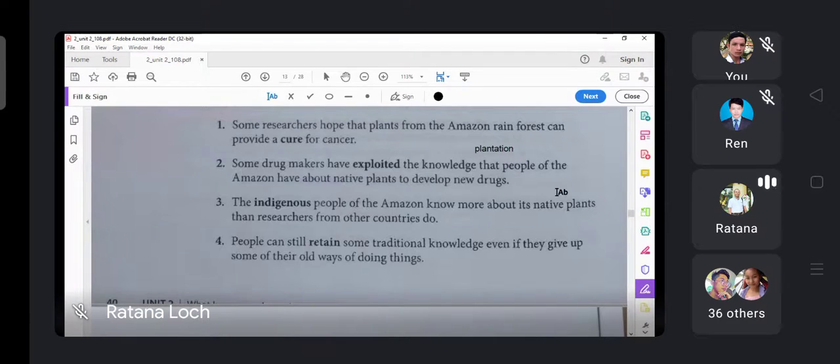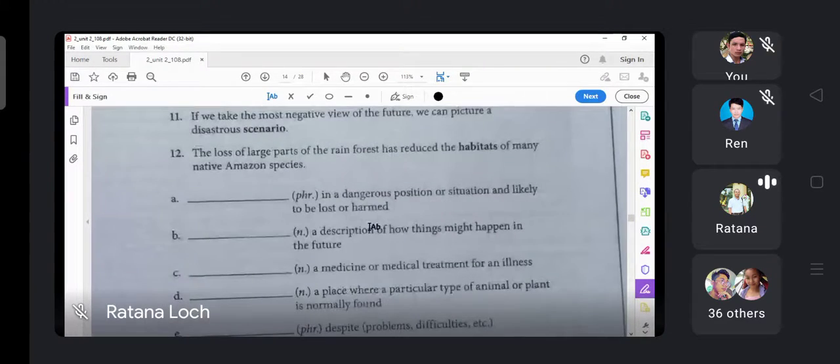Anyone can translate exploited? To treat some people. So when you understand the meaning here, it is easy for you to answer here, you know.